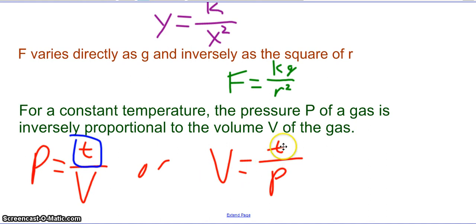Or I could say V equals little t over P as well. Those are the exact same equation, just written in different orders. Again, this first one here is kind of how the sentence is saying it. But this also shows you now that there actually are a lot of practical applications to understanding different types of variation as they do relate to the physical environment around us.